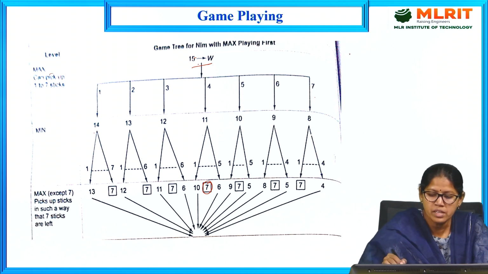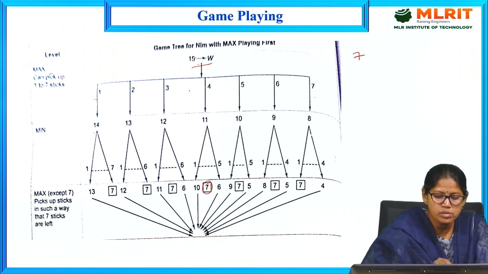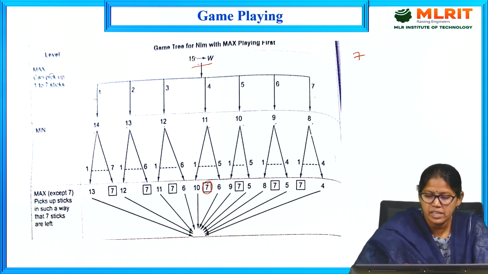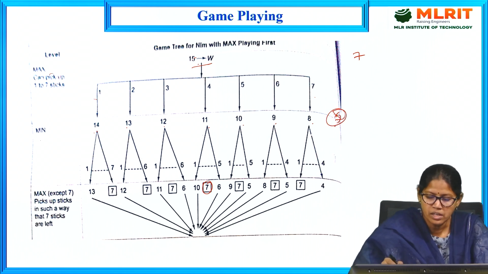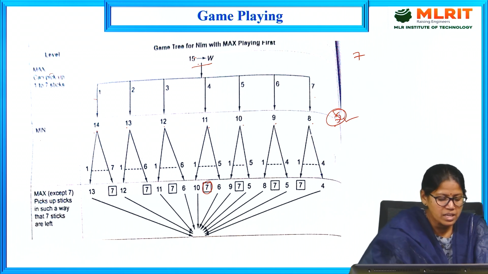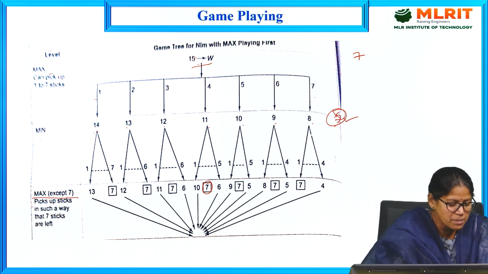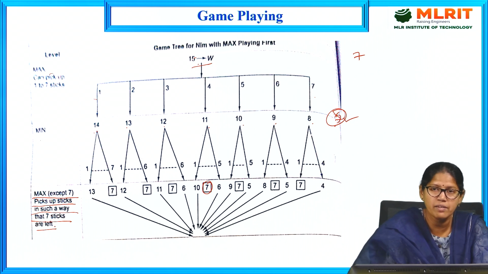Look here, 15, the same. From the 15, down to 7: 14, 13, 12, 11, 10, 9, 8. We are not going with the 7. When we go with the 7 at the min level, min will win. At the max level, except 7, pick up the sticks in such a way that 7 sticks are left for min to play.